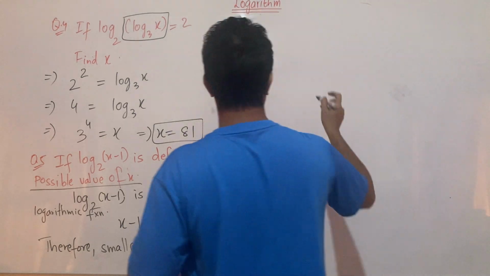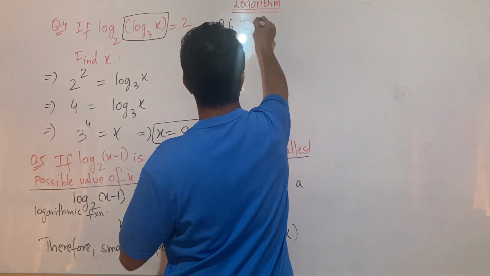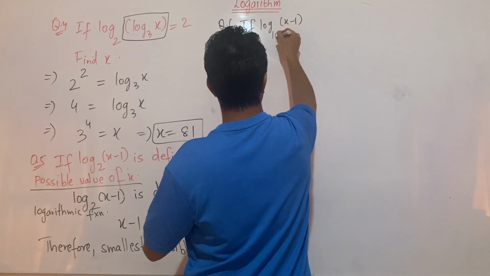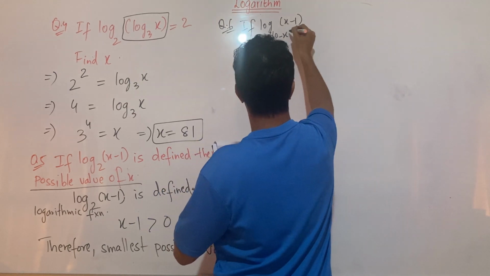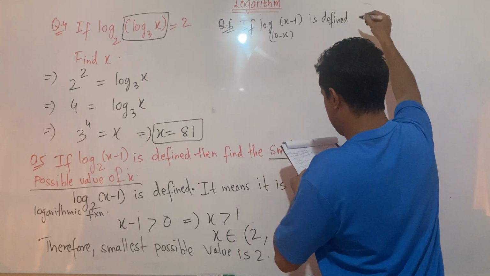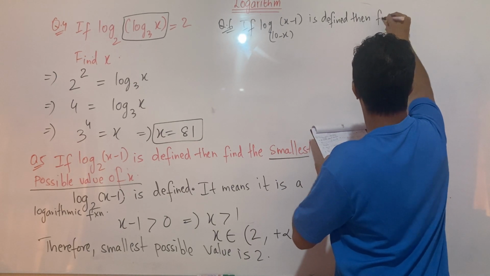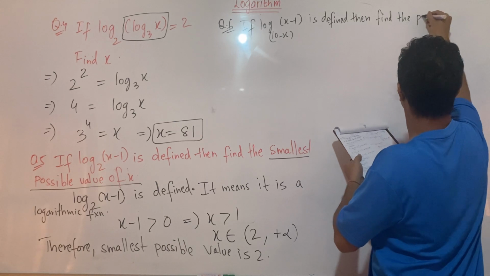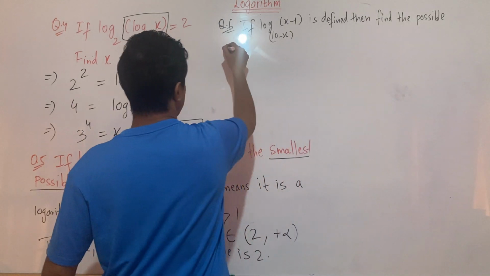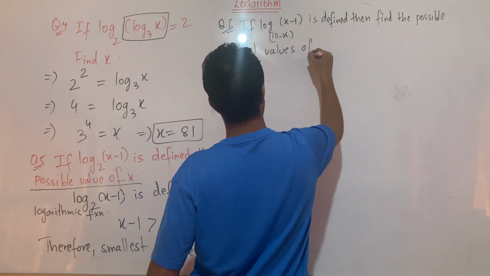Okay, so there is one more question, number 6. It says that if log x minus 1 to the base 10 minus x is defined, then find the possible integral values of x.